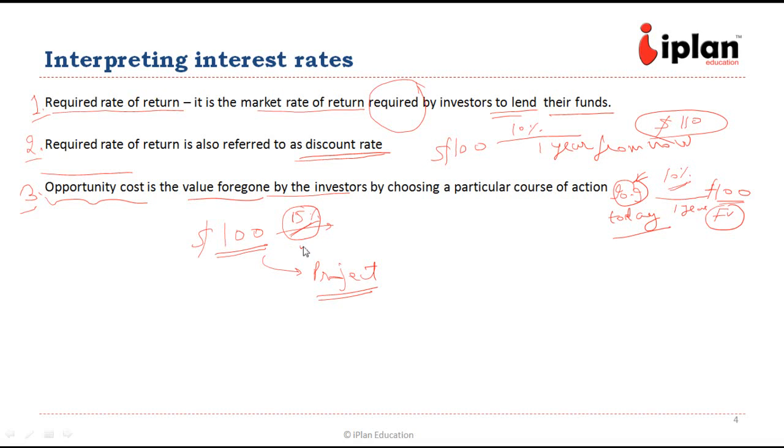So I will expect at least 15% on the new project, because this 15% is my opportunity cost of capital. So this is the opportunity I am losing. That is another interpretation of the interest rate.